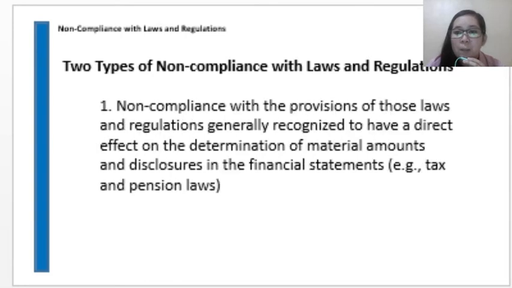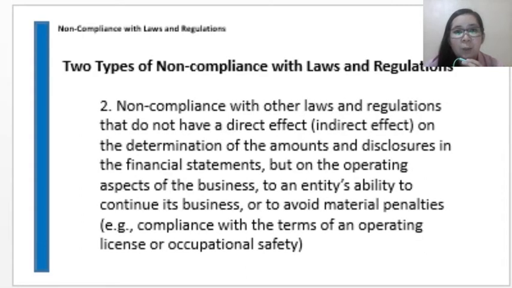So the first one is non-compliance with laws which have a direct effect on the FS. The other one is non-compliance with laws and regulations which has an indirect effect.